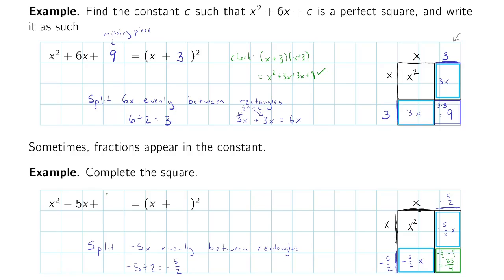So our missing piece is 25/4, and what we're squaring is x plus negative 5/2.